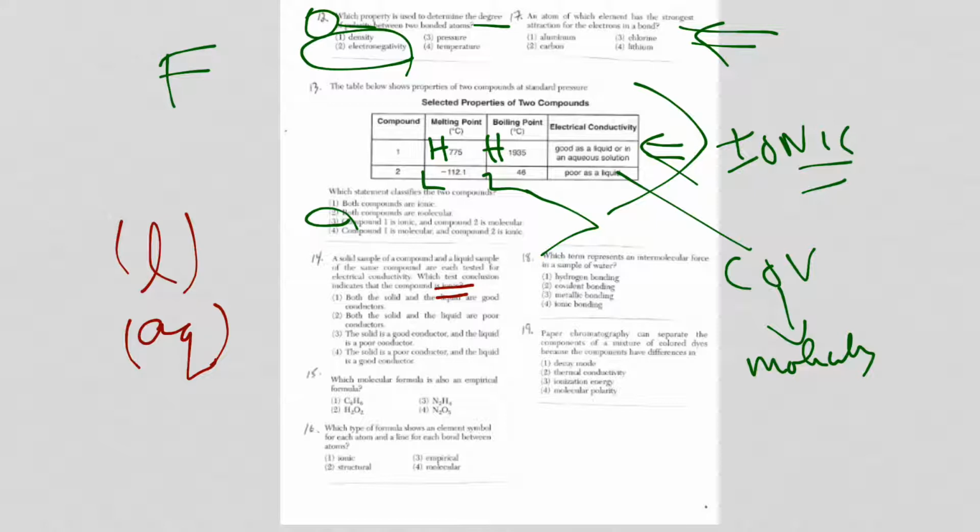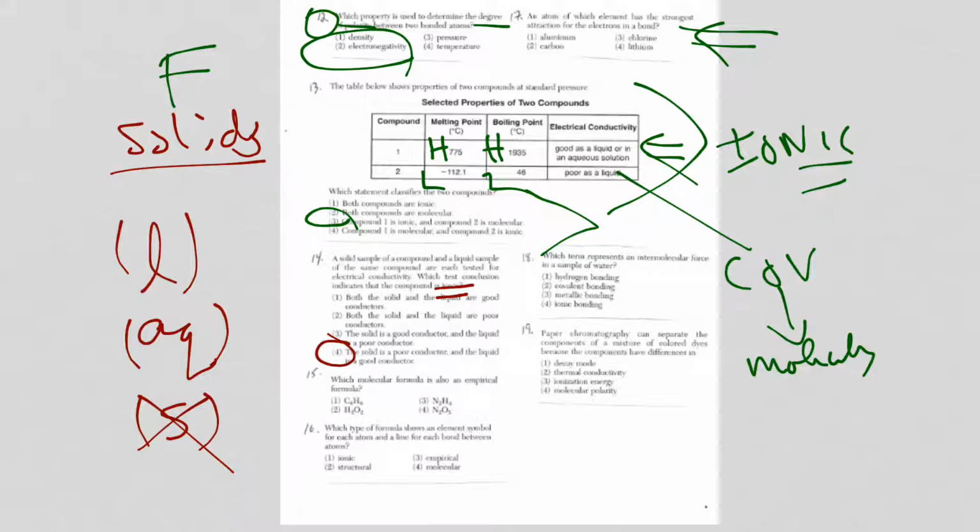So L or AQ. So it does not conduct electricity, or they do not, as just the solids. They have to be dissolved in water. So the answer is 4. The solid is a poor conductor and the liquid is a good conductor. The only group of solids that are good conductors, of course, are your metals.